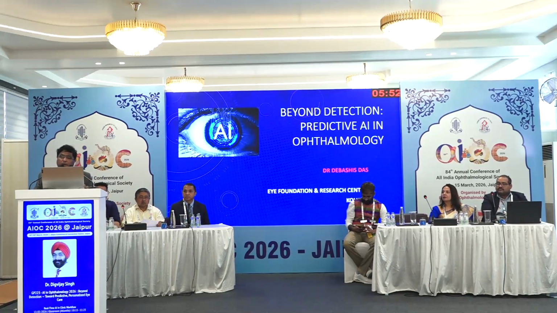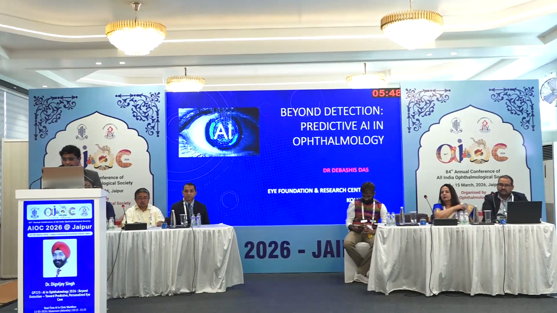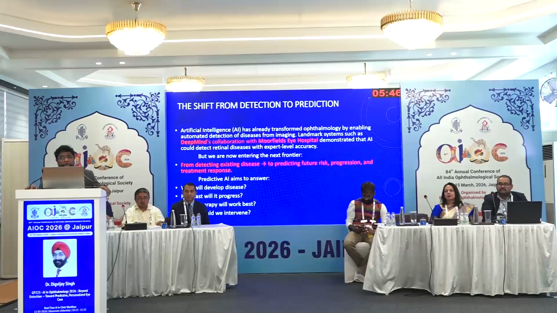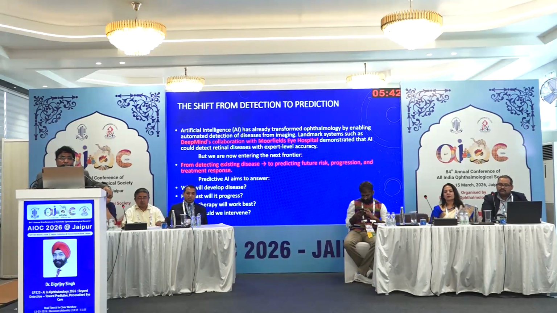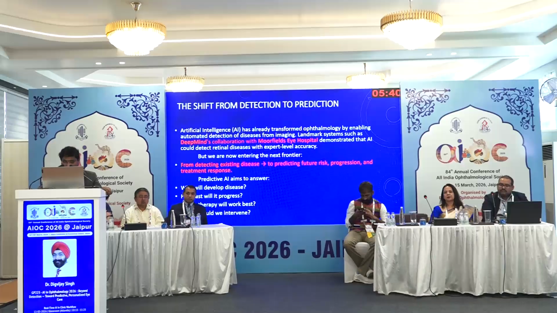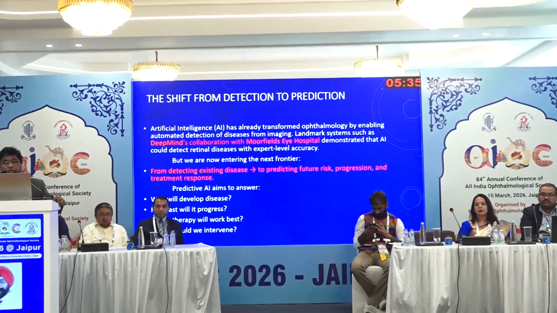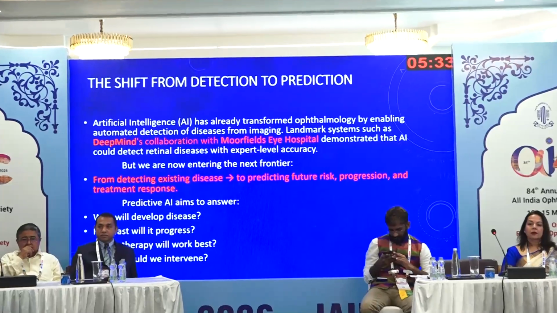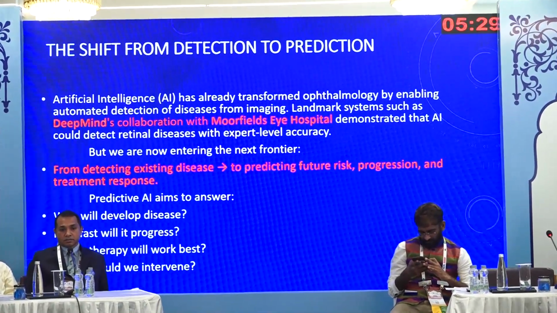With that, we move over to Beyond Detection, the predictive intelligence in ophthalmology. Artificial intelligence has already transformed ophthalmology by enabling automated detection of diseases from imaging. Landmark systems such as DeepMind's collaboration with Moorfields Eye Hospital demonstrated that AI could detect retinal diseases with expert-level accuracy.